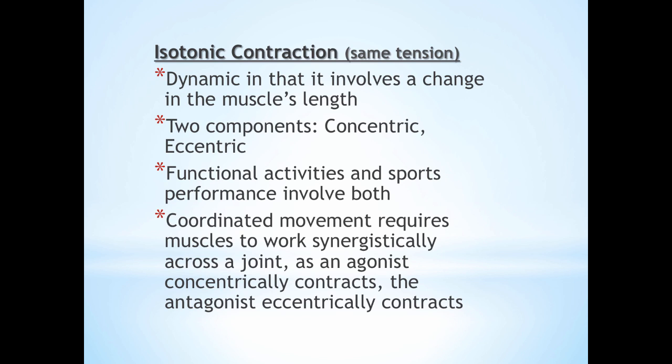Because without that antagonist, and I just fire my agonist, then my hand is just flying up towards my face without any control. So that synergistic motion between the two muscles, the agonist and antagonist, gives us that quality of movement that we need, especially with sports performance.